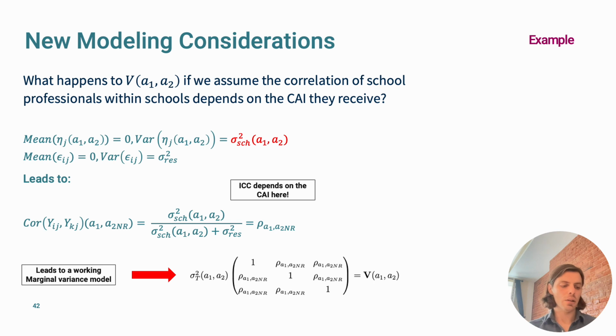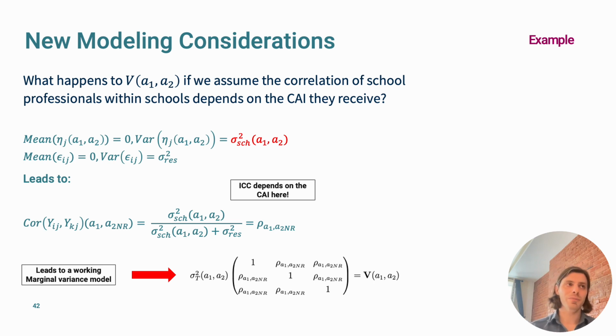So let's say you think the most intensive clustered AI in our SMART, so that was REP plus coaching and slower responders add-in facilitation, you think that clustered AI is super effective. And after all the school professionals receive that, they are all going to be offering the maximum amount of CBT possible. Well, if that's the case, those outcomes are going to be pretty darn correlated because they're all offering a lot of CBT. On the other hand, you might think REP only. Well, REP doesn't really do anything.